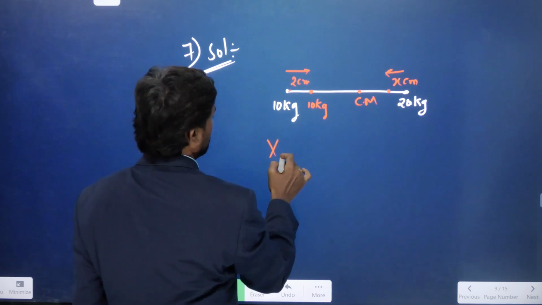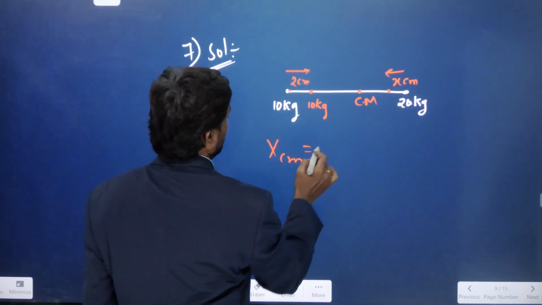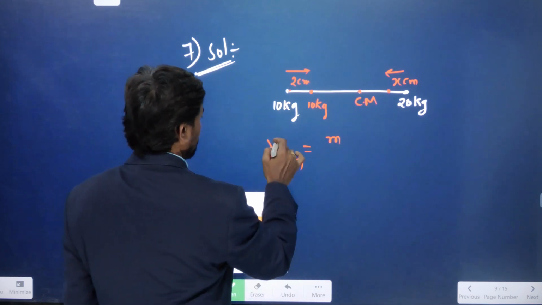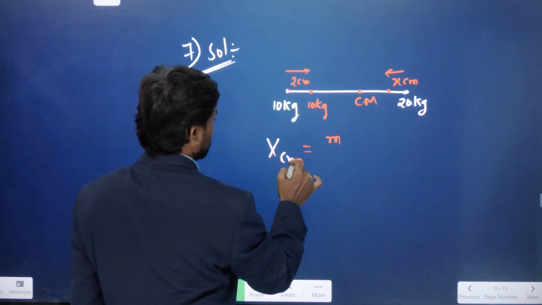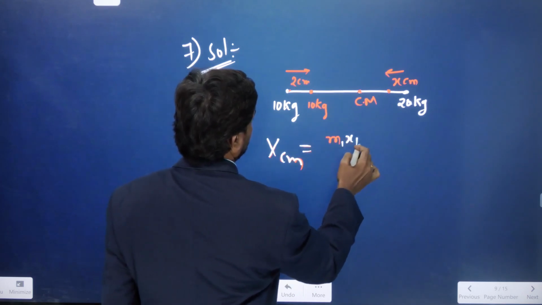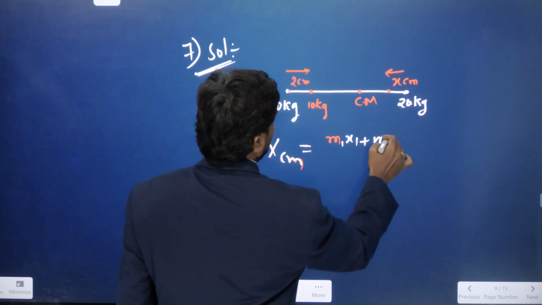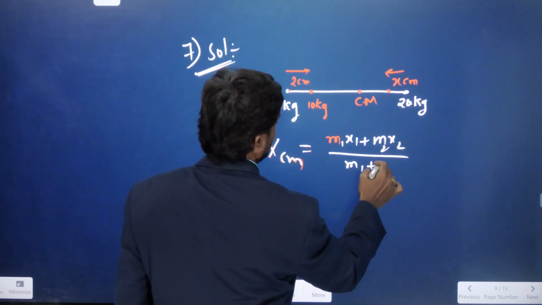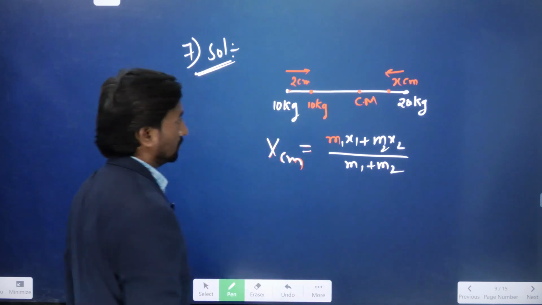Now we can write the center of mass formula: xcm is equal to (m1 x1 plus m2 x2) divided by (m1 plus m2).